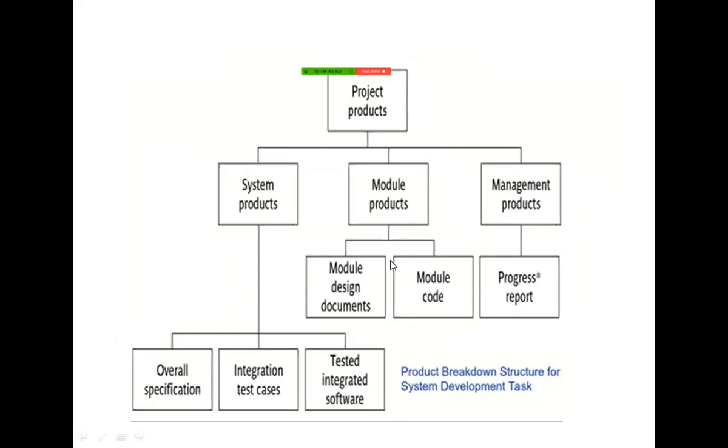For example, a physical thing: what is the product for a physical thing? An installed PC is the product. For documentation, a logical data structure is our product. For a person, a trained user is our product. And a new version of an old product means updating the software.